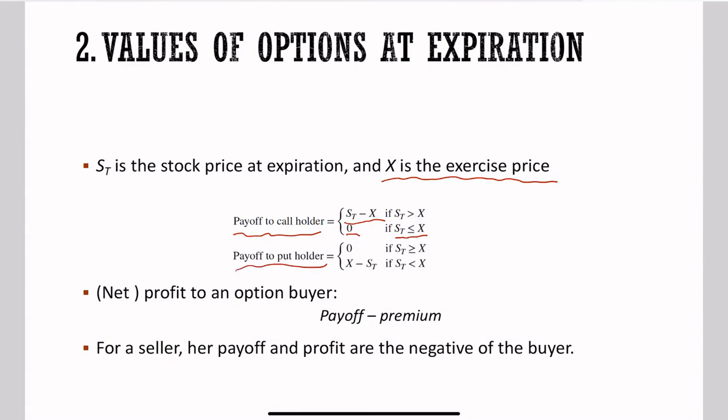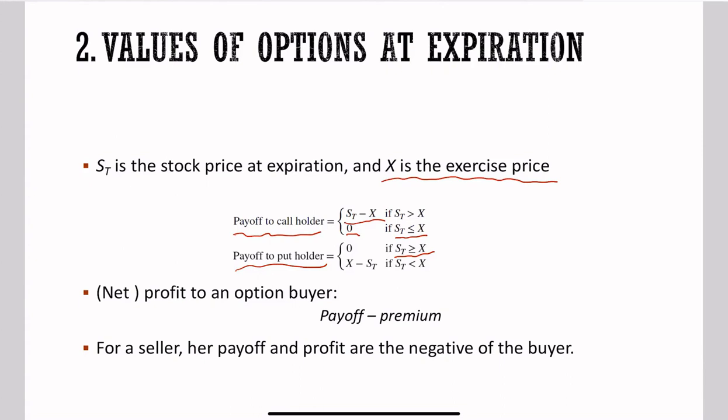The same kind of methodology applies to calculating the payoff to a put option. So if the market price is larger than the exercise price, you will not exercise your put because put gives you the right to sell. And if the exercise price is lower than the market price, it means if you exercise your put, you have to sell at a lower price.